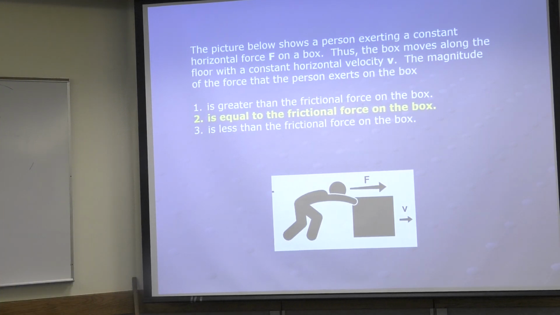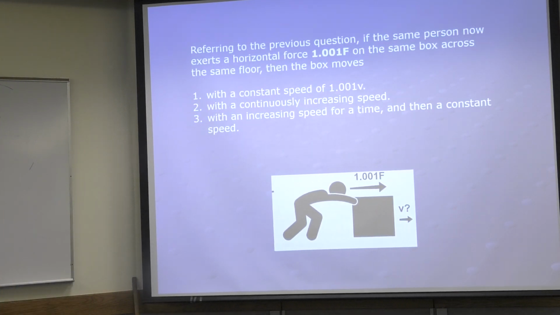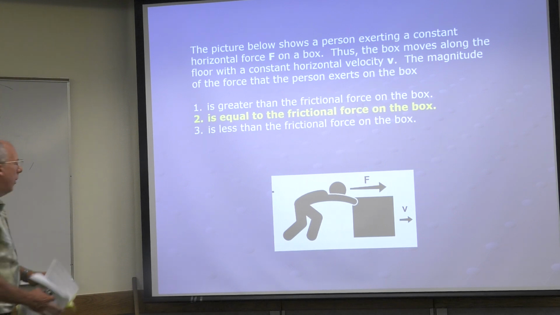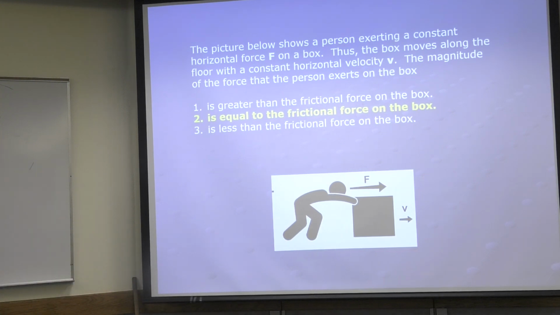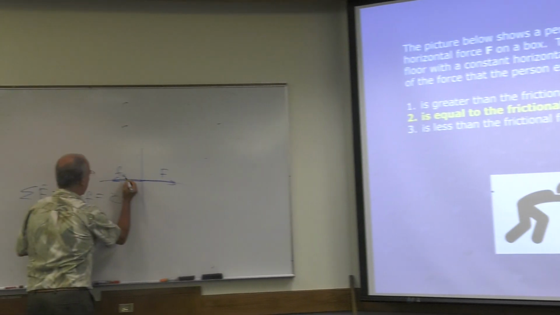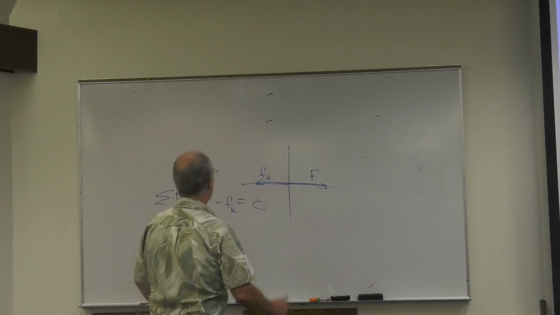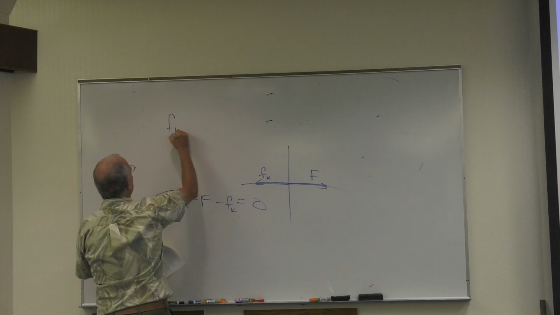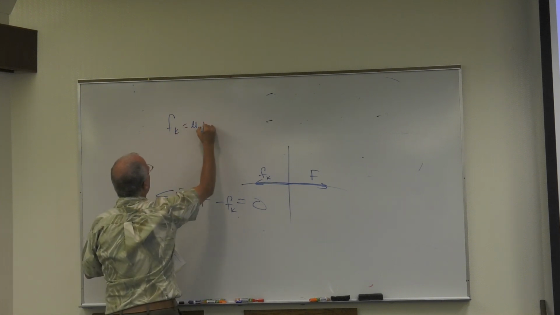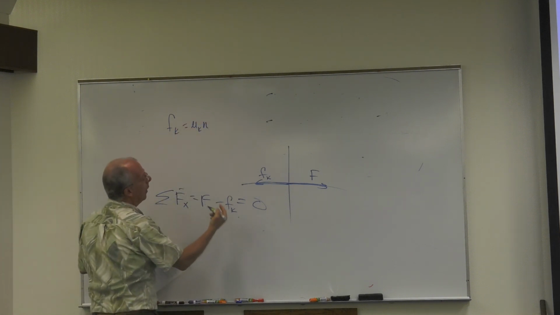Okay, now let's do something similar. Referring to the previous question, and by the way, what kind of friction is this? This is kinetic friction, right? Because the box is moving. Kinetic friction, and don't forget, kinetic friction equals mu k N. But what's the normal here?